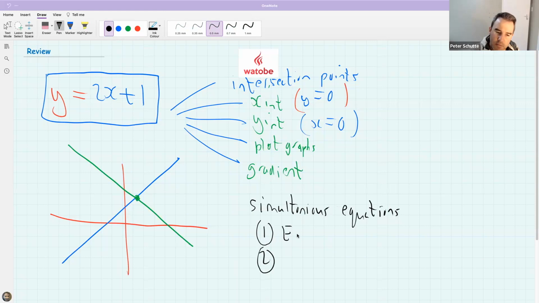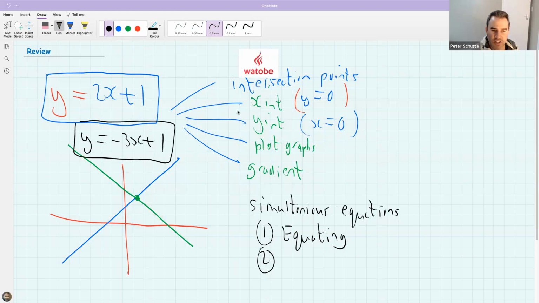We looked at sometimes when they're both in standard form, when say, for example, if we had something like this, if they were both written in standard form, you can just equate the two. So you just say that one's equal to that one.